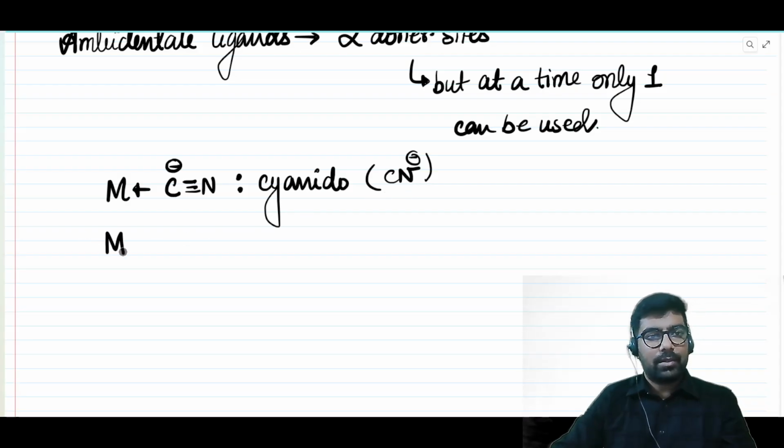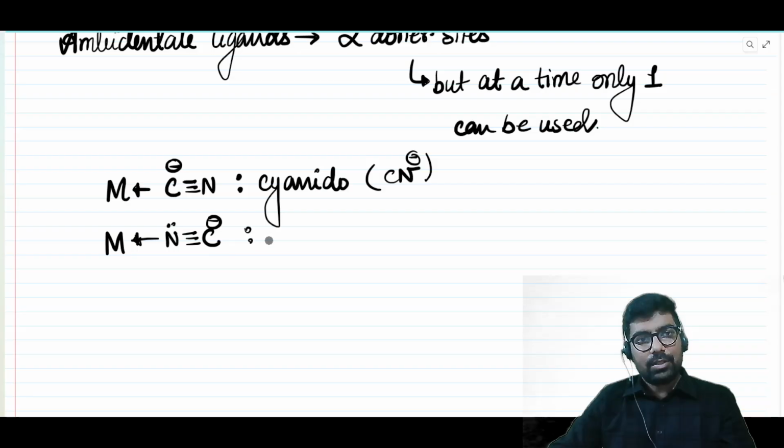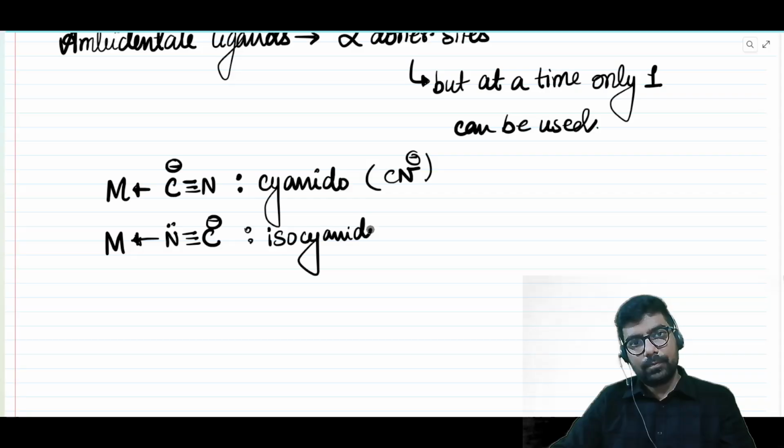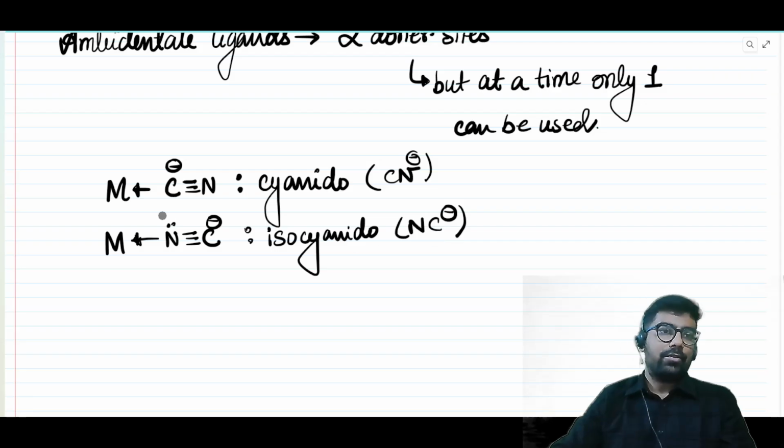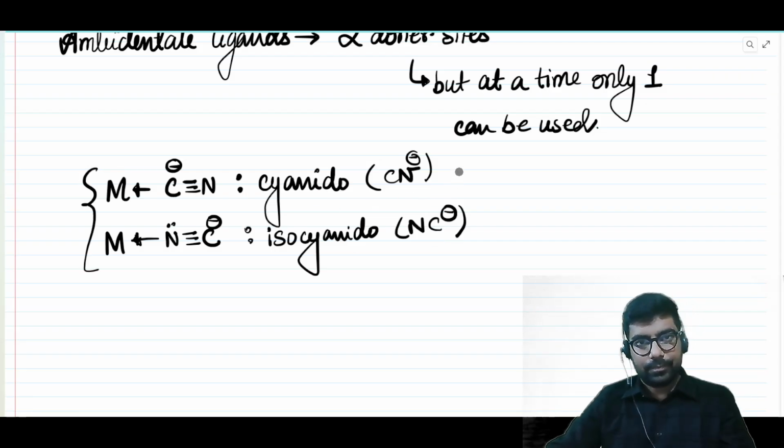When it is the same thing, but nitrogen is the donor site, when the lone pair is being donated by nitrogen, we call it isocyanido, NC minus. This is one.